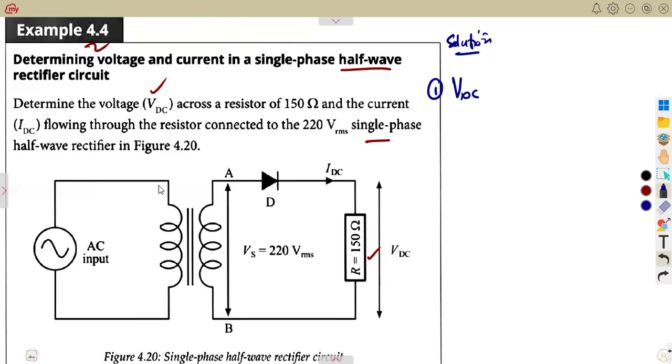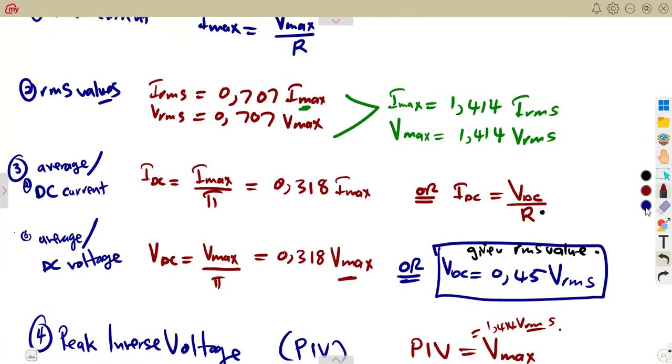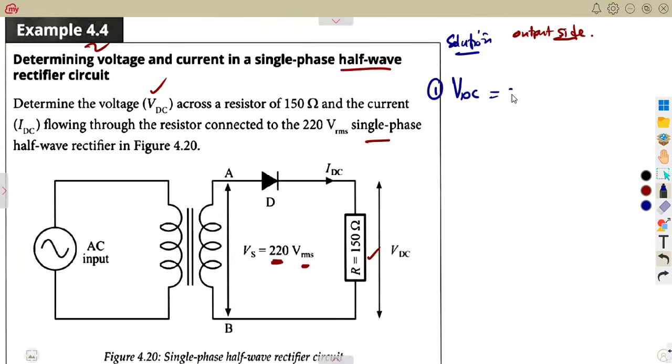So VDC, what are we given? We've got the RMS value on the secondary side, which is the one that we need because we are on the output. Remember, we work from the output side of the transformer. VDC can be written in terms of the RMS value: VDC is equal to 0.45 times the RMS value.